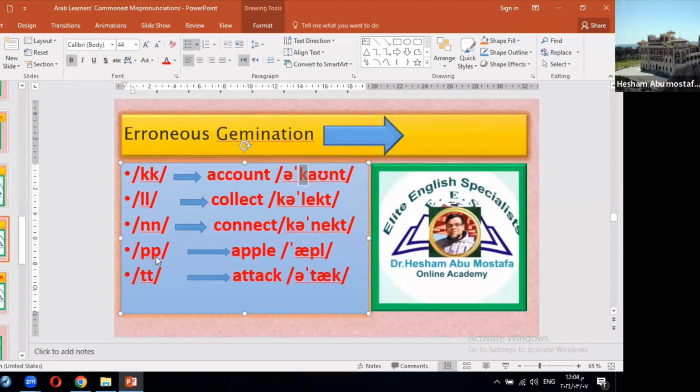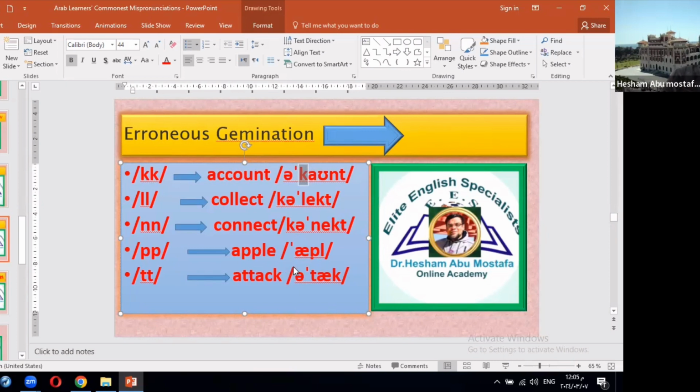Here we have double p, but we pronounce only one p sound. So it's apple, just one. Attack, okay. This is clear. This is right.